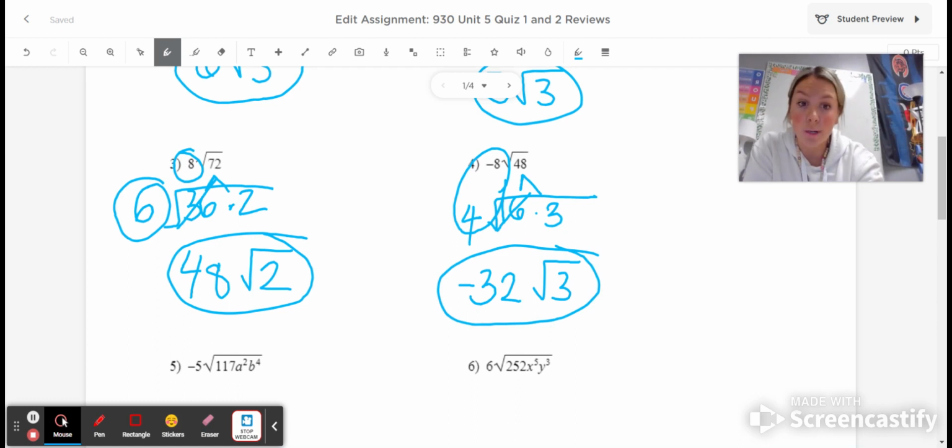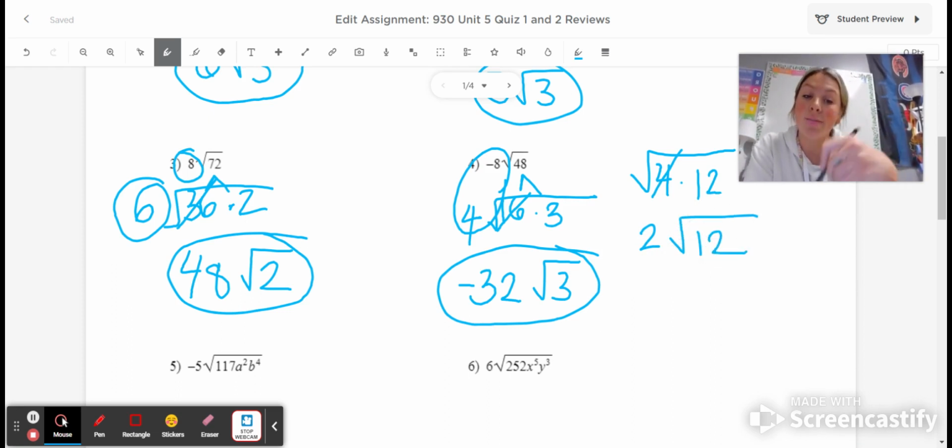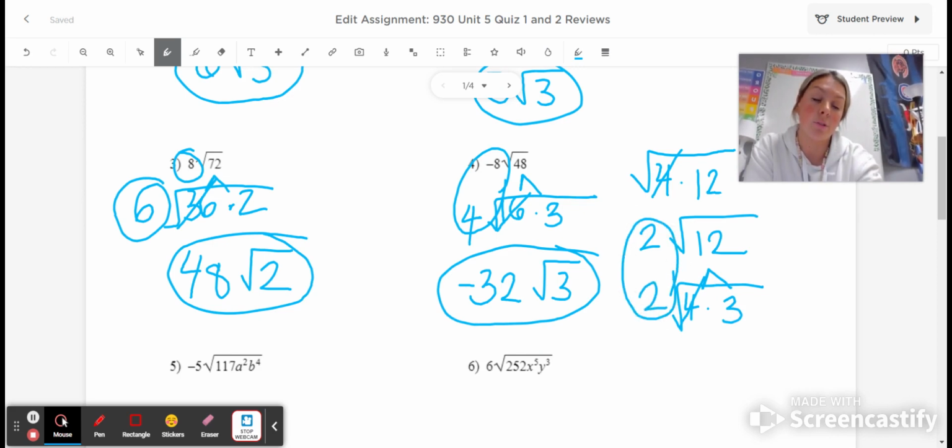If you chose 4, you would have the square root of 4 times 12, right? We know the square root of 4 is 2. So I still have 2 square root 12. But 12 can be divided by 4. So I can still break this up more. 4 times 3. And the square root of 4 is 2. So outside I have 2 times 2.